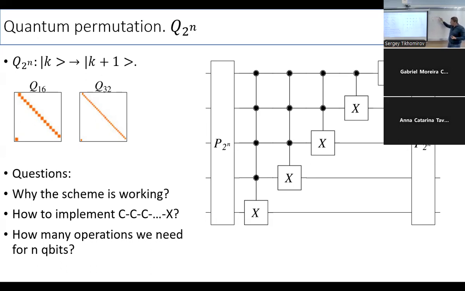When all previous were 1. So this is still 1. When should this change? When all previous were 1, so it changes. And in that case, this one also needs to be changed, and this one also needs to be changed. This is exactly the scheme which I showed here.